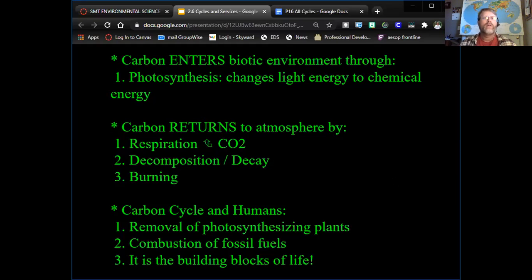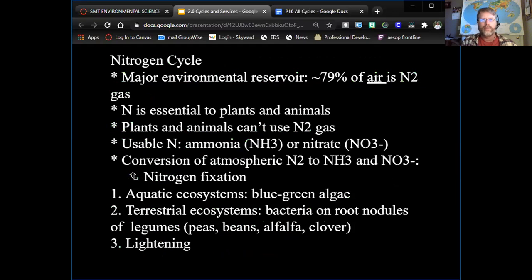In fact, organic chemistry is the study of carbon and carbon chains, and you can spend years just studying how carbon links together, because carbon has a unique ability not just for two of them to stick together, but to form chains that can be thousands of atoms long. That's all based on the carbon. It starts with the carbon dioxide entering through photosynthesis to become part of the living cycle.